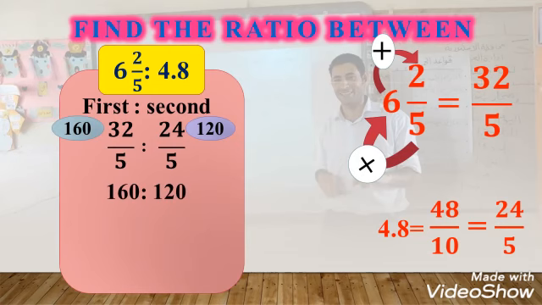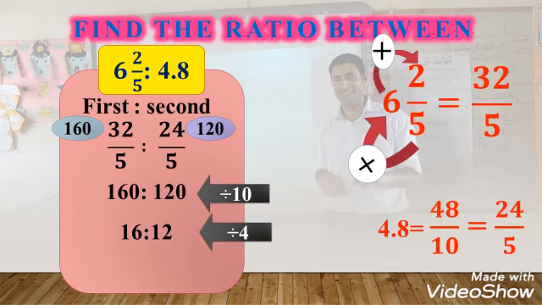Then the result is 160 to 120. We will simplify by dividing by 10. Then the result will be 16 to 12. Divided by 4, the result will be 4 to 3.